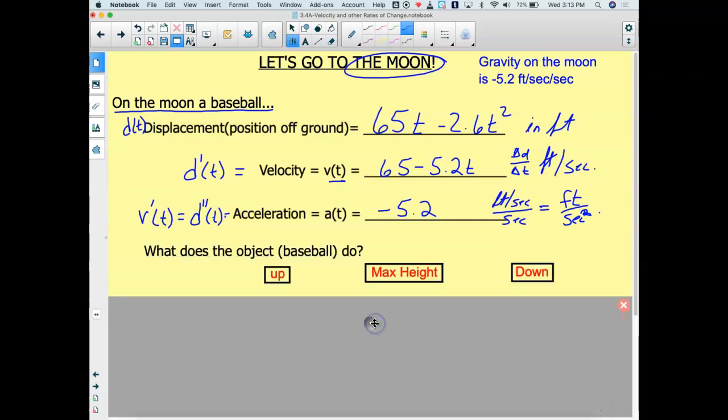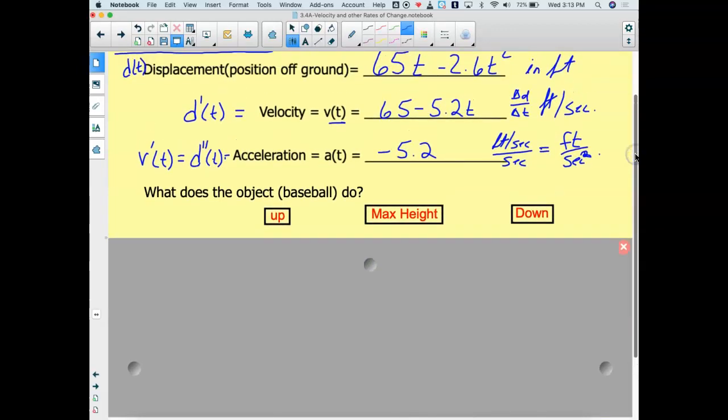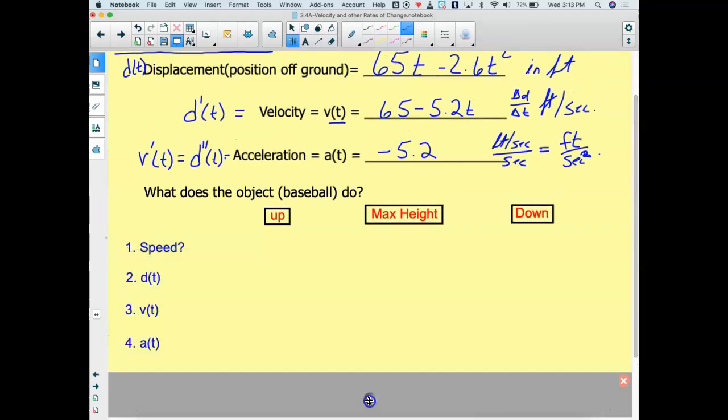So what does the object do? Well, if I'm sitting on the moon and I throw the ball in the air, we're looking at the action of the ball. If we graph it parametrically, like we will, we're going to see the ball go straight up and come straight down.